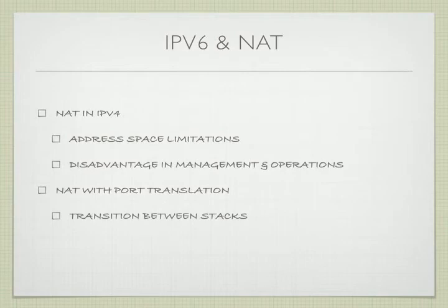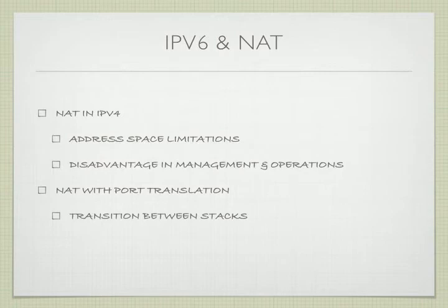So you can use NAT as a way to transition between the IPv6 and the IPv4 stack. This is really the only place NAT gets used in an IPv6 network. You're not going to be NATing IPv6 to IPv6. The address space and protocol is designed so that everything's going to have its own unique address, and therefore it's not going to be necessary to do any NATing in the IPv6 world.